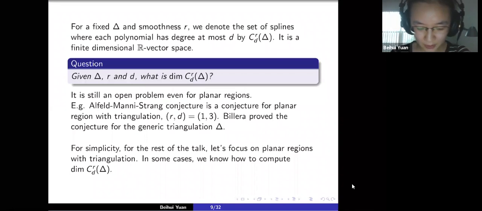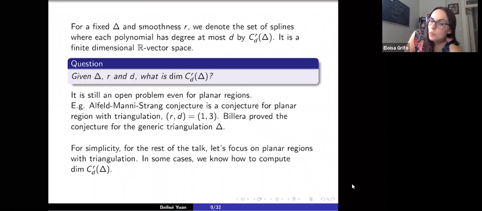So maybe one thing is that even if we fix r and d, we can have many different deltas, even in the planar case, right? We can have infinite possibilities. So that's why solving such a problem is hard. But you mentioned earlier that there were some classes of deltas for which you know things. How?